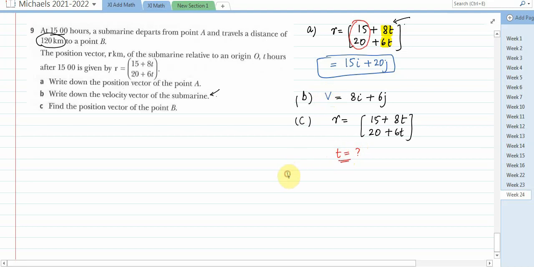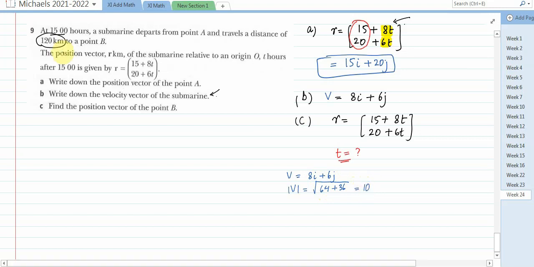If I have the value of velocity, that is 8i plus 6j, I need to find out the magnitude. Alright? So magnitude, it will be under root of 8 squared 64, 6 squared 36, 100, and it will be 10. That is the magnitude of velocity, right?